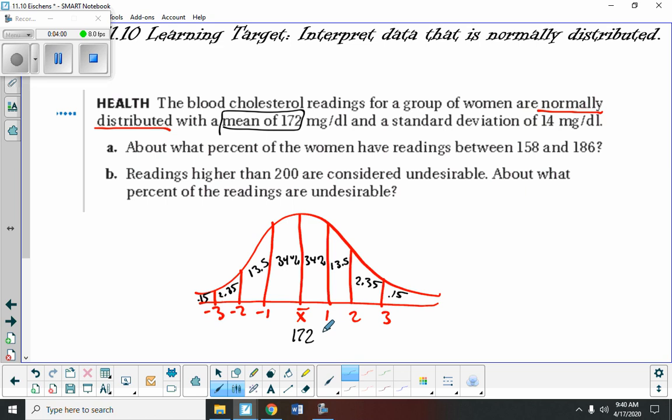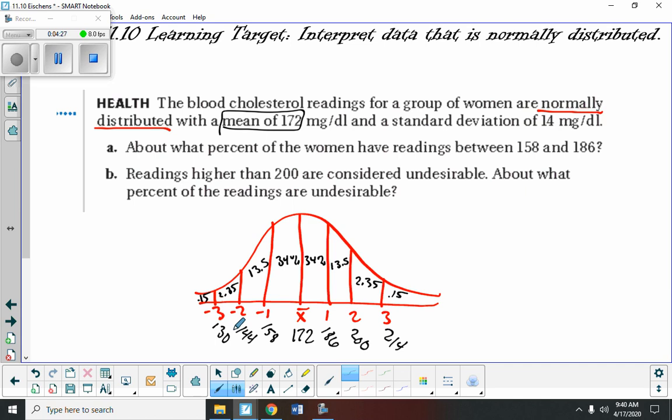So that's 172, then 186, plus 14 would be 200, plus 14 would be 214. And then one standard deviation the other way is 158, minus 14 would be 144, minus 14 would be 130. All right, so now we have that constructed.